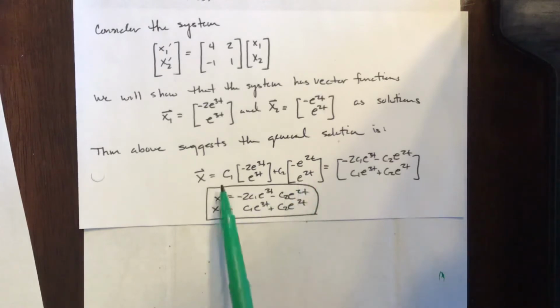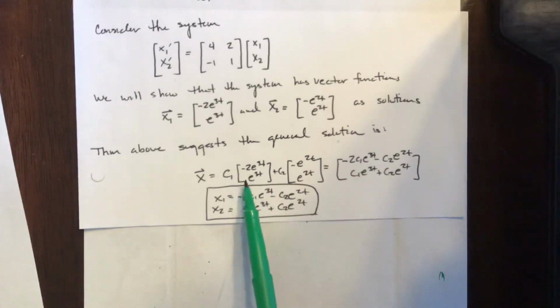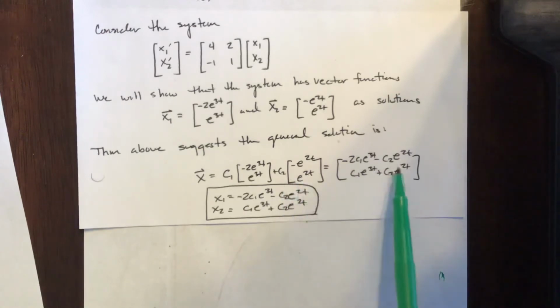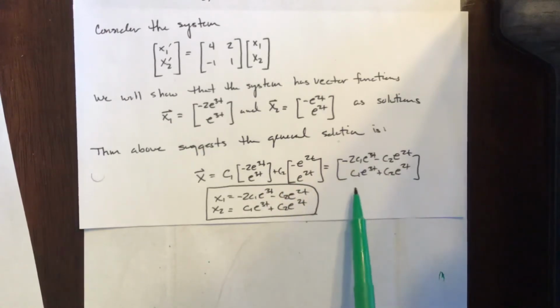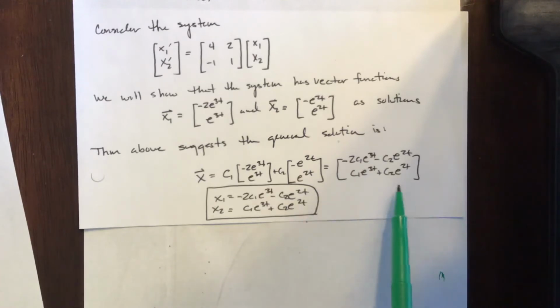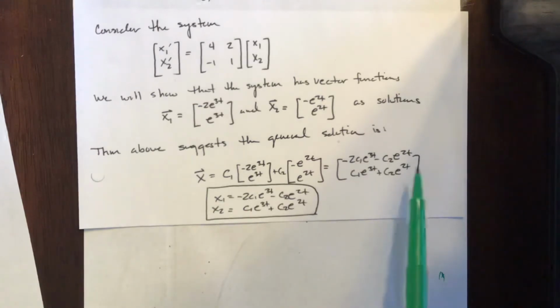Okay, so when you look at the linear combination, that's c1 times negative 2 e to the 3t, that's right there, and minus c2 e to the 2t, that's right there, and likewise c1 e to the 3t plus c2 e to the 2t. Okay, that's what the general solution is. X is equal to this.